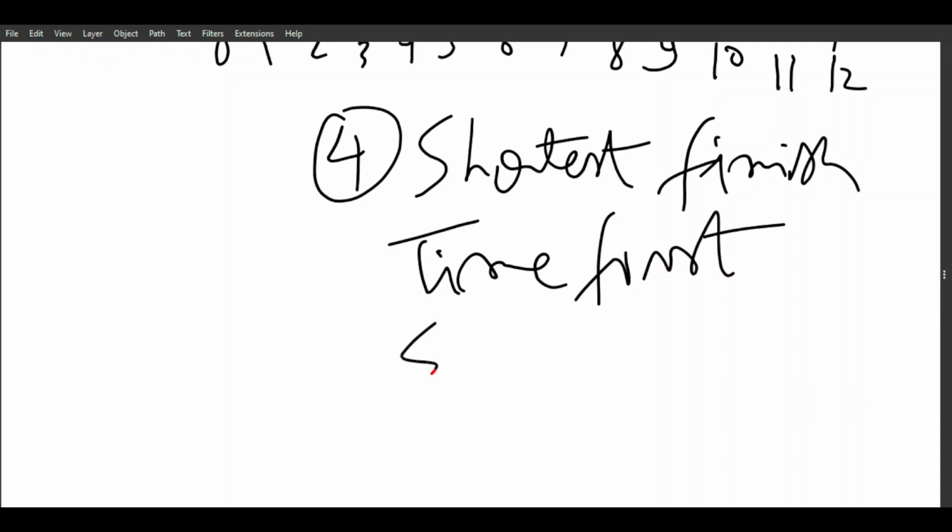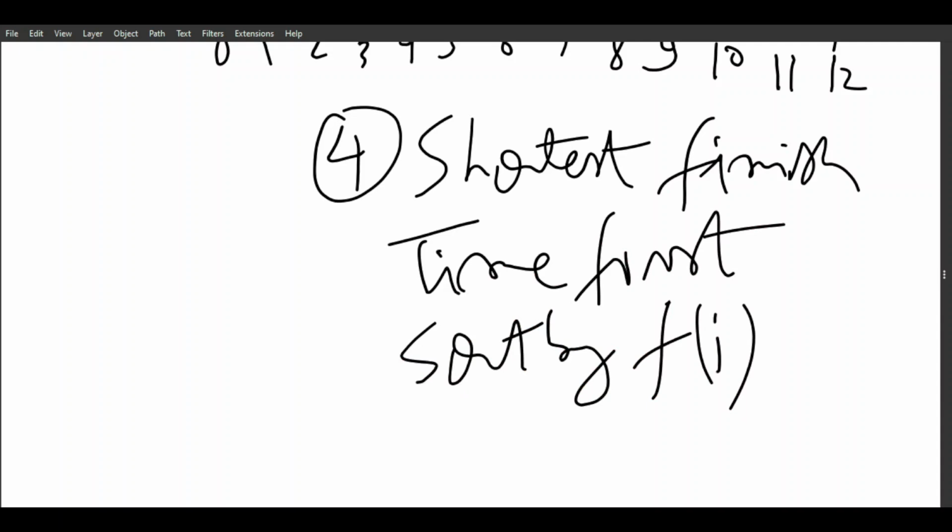So here we sort by fi values and choose the one with the smallest value. Remove all intervals which are overlapping and again repeat the same process. We'll show that this satisfies the greedy choice property.